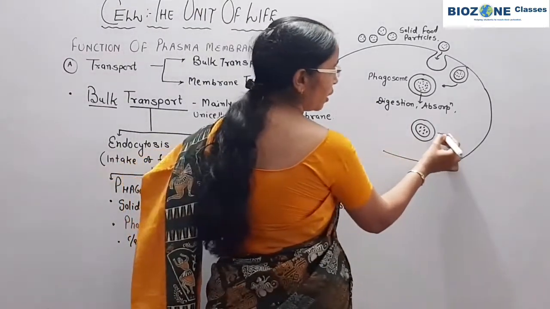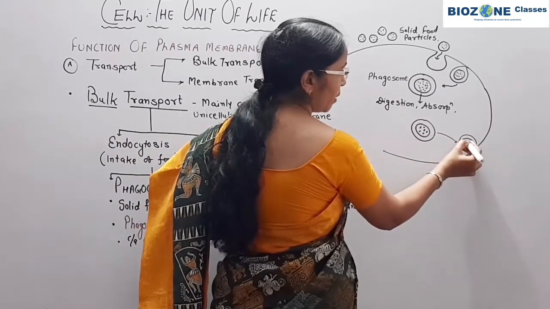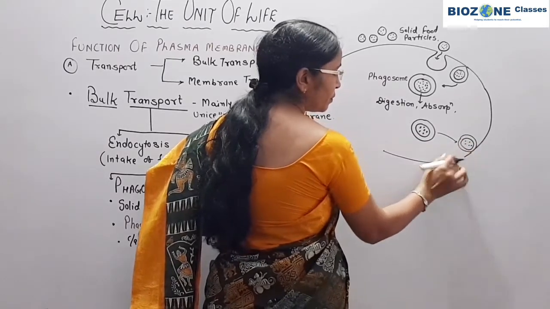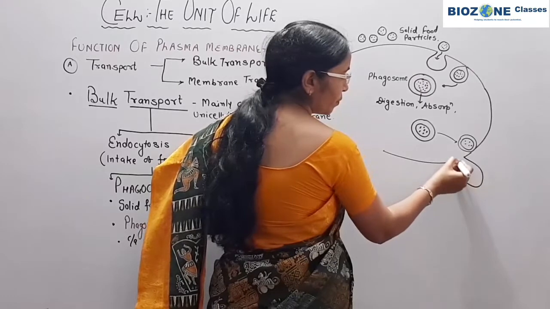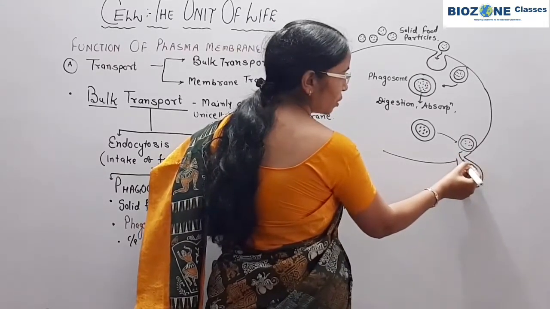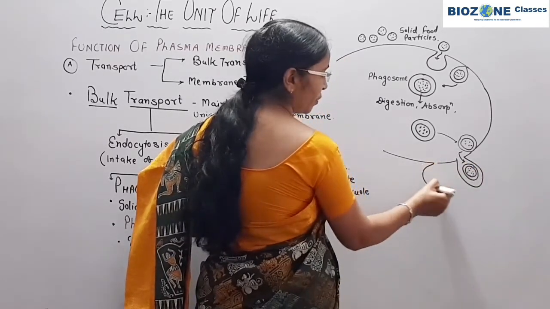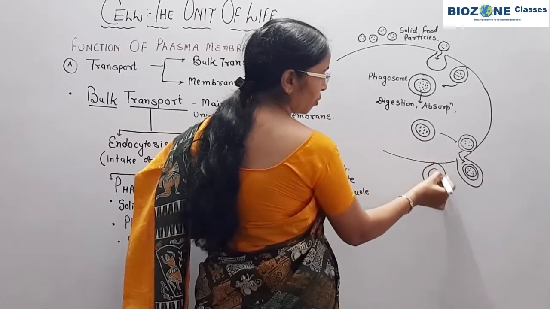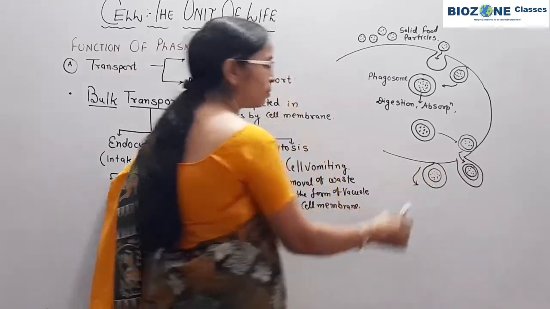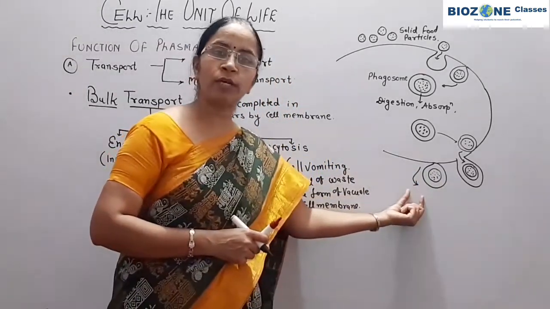Slowly these vacuoles again come in contact with the cell membrane, and the food vacuole moves towards the cell membrane, and after some time it is cut off from the rest of the cell, and in that way the undigested food or waste comes out of the cell membrane.